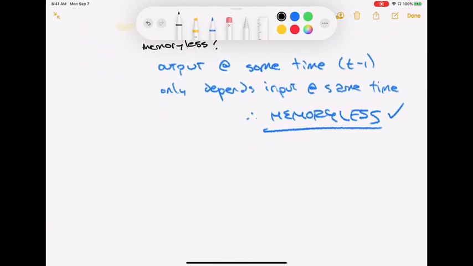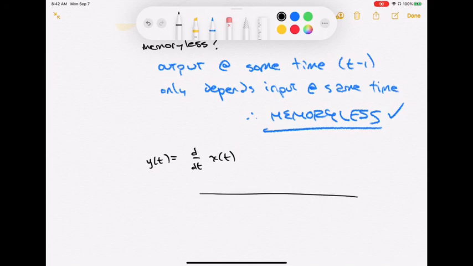Let's look at one more. How about this? y of t equals d/dt of x of t. This is a differentiator, so this has an output that's equal to the slope of the input. We only see t's in here. We don't see any t minus 1s or t plus 1s or any other value of t. But I also know derivatives require memory. You cannot determine the slope of a line from a single point.